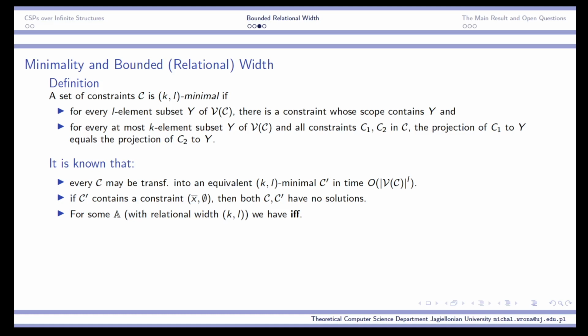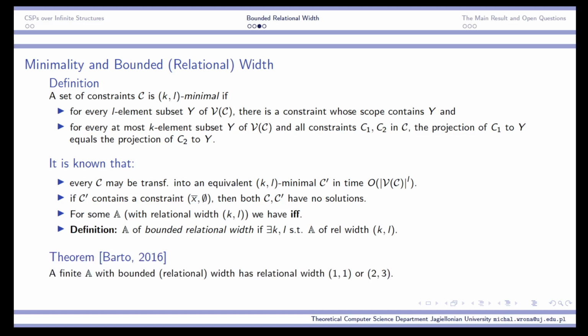Such structures have relational width (k,l) if we establish (k,l)-minimality, and have bounded relational width if there exists (k,l) such that they have relational width (k,l). And it's known that for finite domains, if this relational width is finite, then it is (1,1), or it's not (1,1), and then it's (2,3).